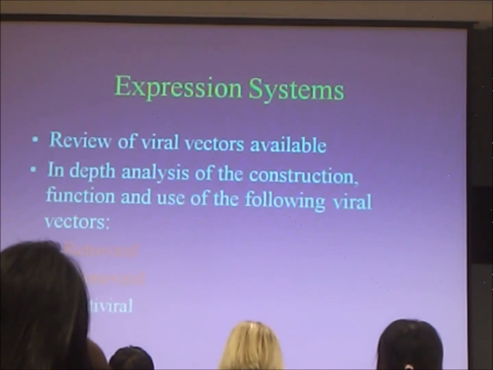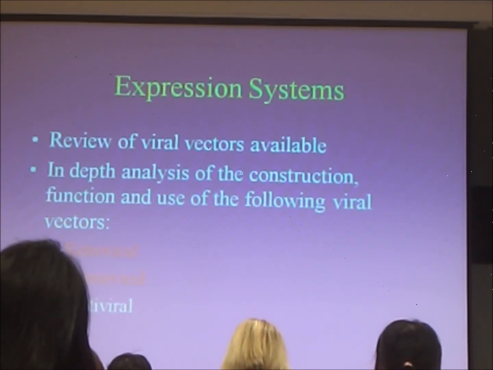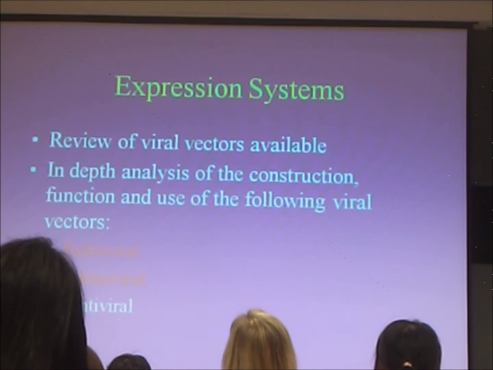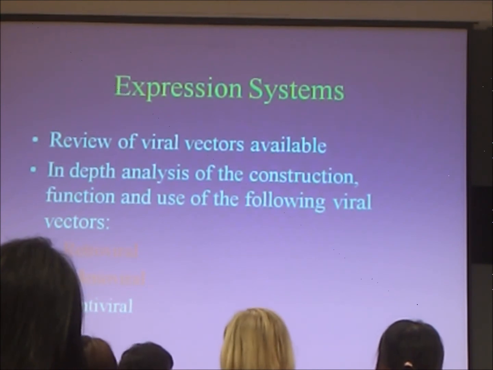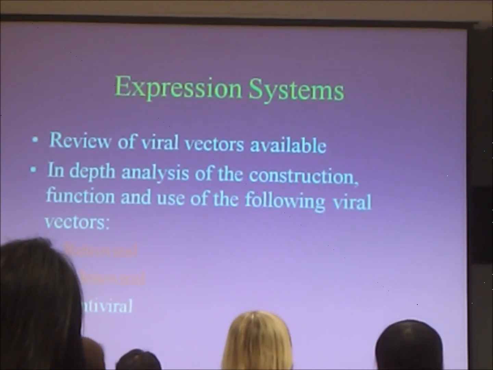And then I have no doubt that Anne also talked about her research using different viral vector systems for expressing different types of things in eukaryotic cells. The retroviral, adenoviral, and lentiviral systems are three different ones that were discussed.